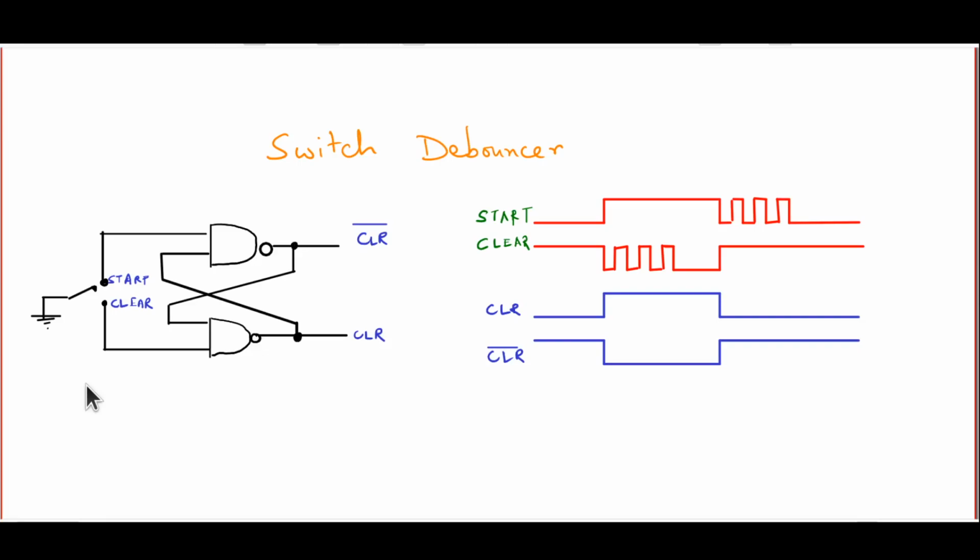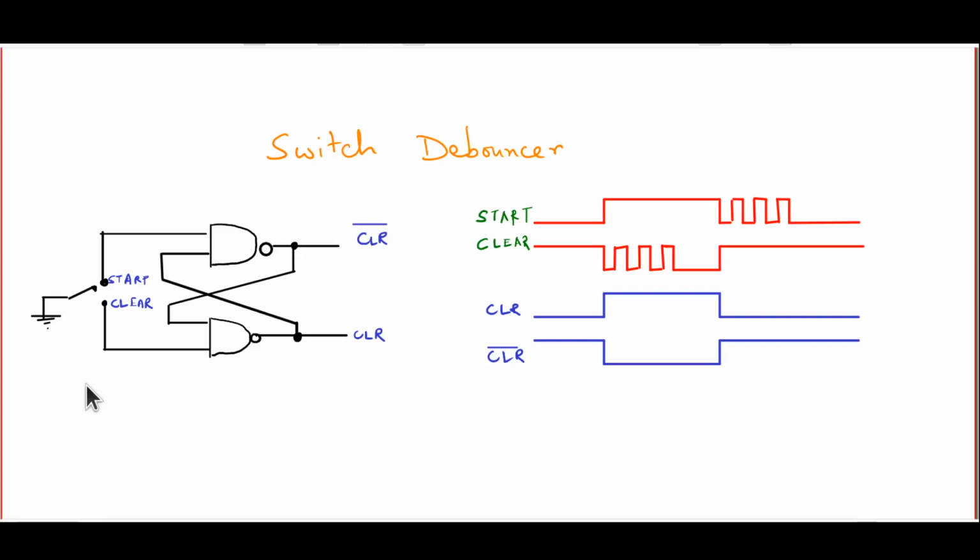So what has been drawn here on the circuit is that the start junction is connected to the ground. That definitely is low. And the clear is floating, so that's high. So what you have are 0 and 1 as the output. And the 0 input to the upper NAND gate drives CLR bar to high.